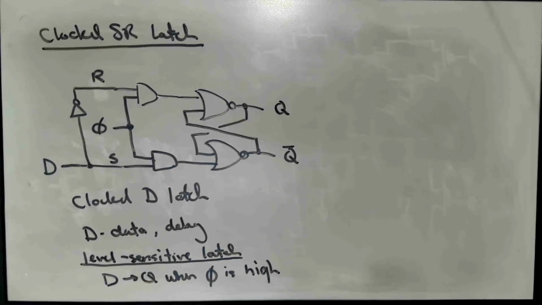But sometimes it's more convenient to work with what's called an edge-triggered D latch, or D flip-flop, where D propagates to Q only, let's say, on the rising edge or the falling edge of the clock signal. So not when the clock is high or when the clock is low, but D only propagates to Q on the next specified clock edge. Okay, so that's kind of the next level.